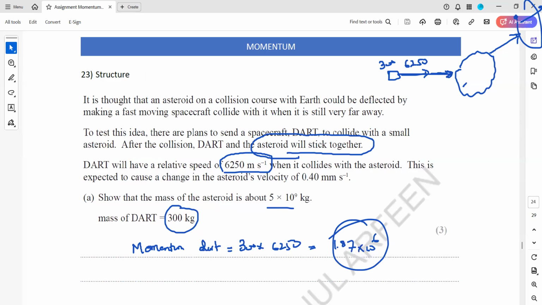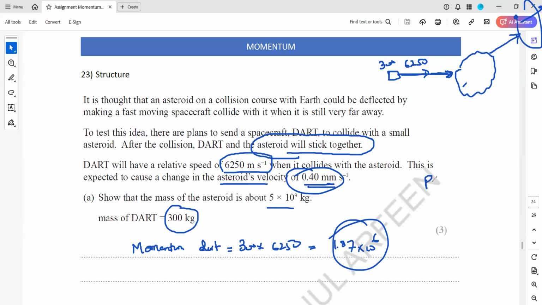And as you can see, this causes the change in velocity of the asteroid, 0.4 millimeter per second. So this is an additional momentum which the asteroid gains, and this is the change in the velocity for the asteroid.